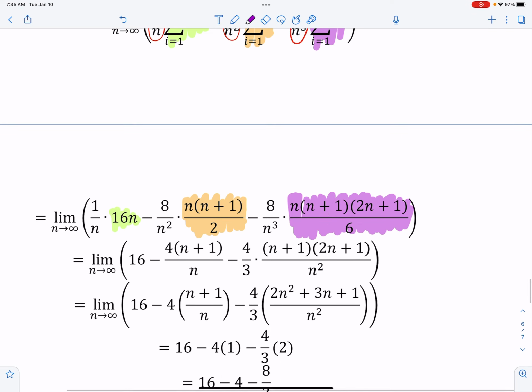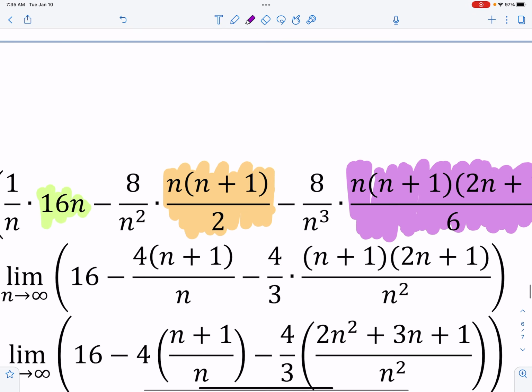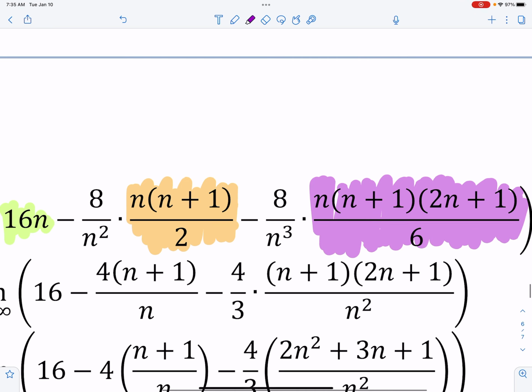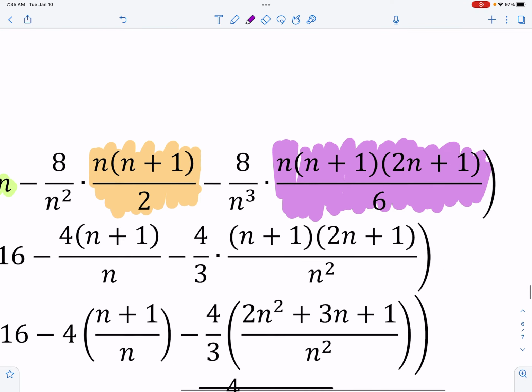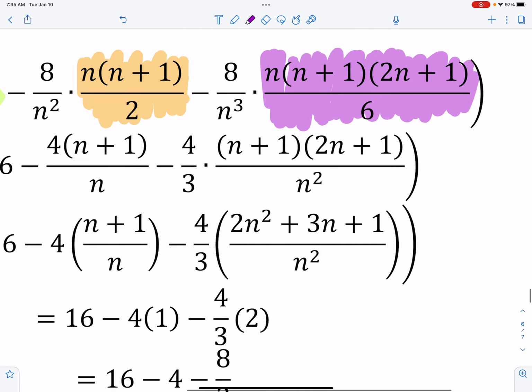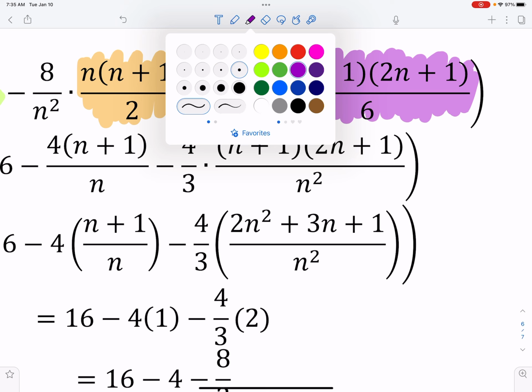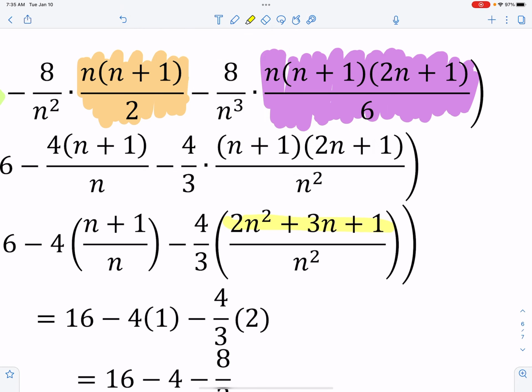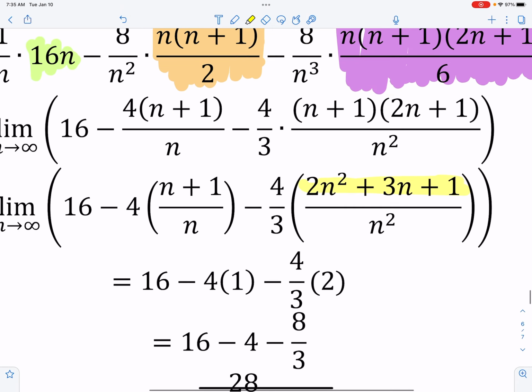And then from there, simplifying, those n's cancel in that first product. We would have minus 4 times the quantity n plus 1 divided by n, minus 4/3 times n plus 1 times 2n plus 1, all divided by n squared. And then we could multiply out that numerator to get 2n squared plus 3n plus 1.